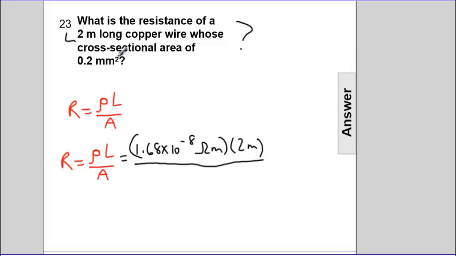And then finally we're going to deal with a cross-sectional area, and we'll need to convert from millimeter squared to meter squared. A common mistake is that folks will forget to make this conversion. The question is, how many square millimeters are there in a square meter?